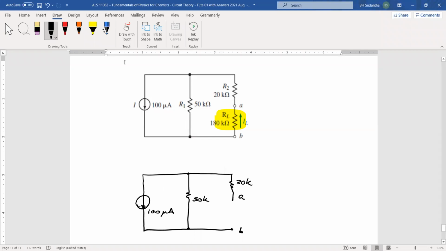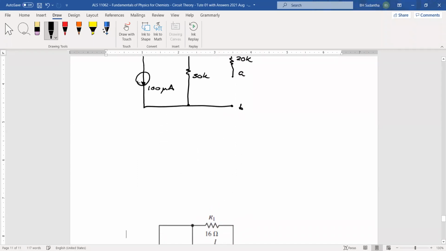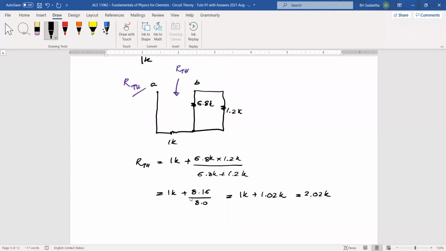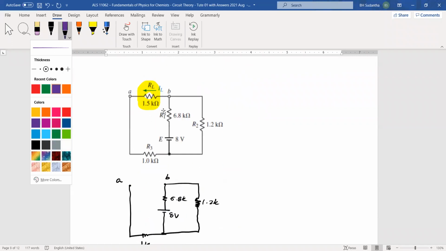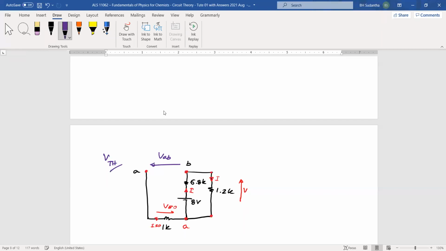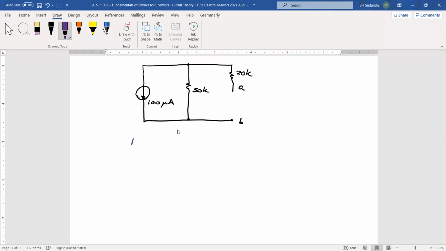Okay. Then shall we try to find RTH? To find RTH, we have to open circuit this one.